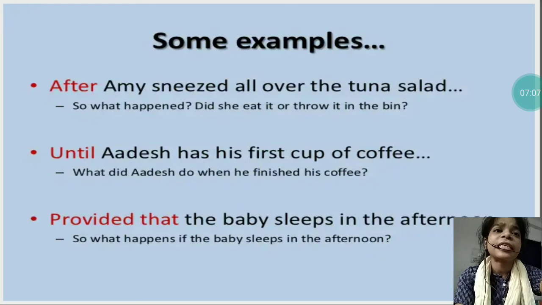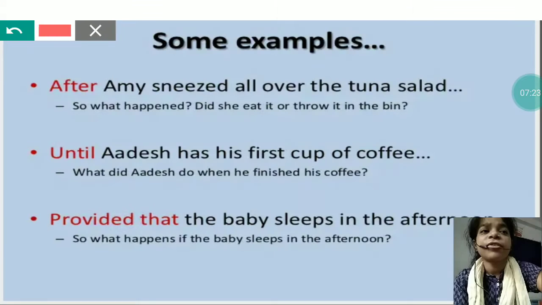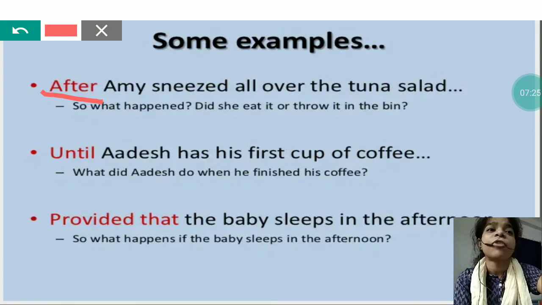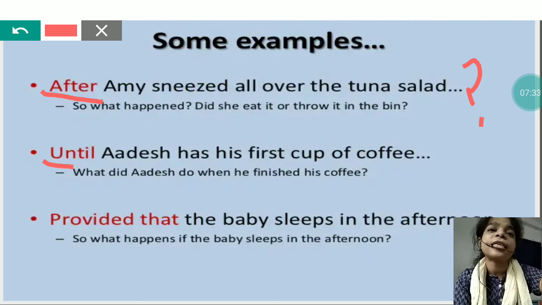"After Amy sneezed all over the tuna salad." Now it is again incomplete, we need something. What happened? Did she eat it or throw it in the dustbin? What happened after that? If "after" is used in the sentence, what happened afterwards is still not known. "Until Adesh has his first cup of tea," again "until" is used.